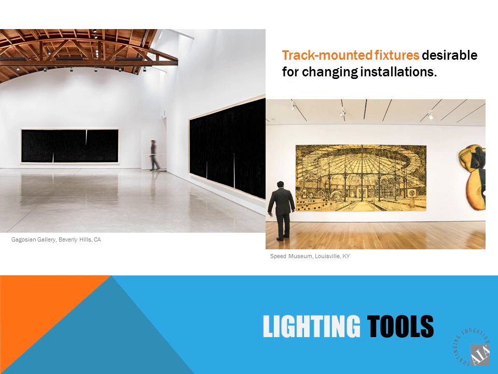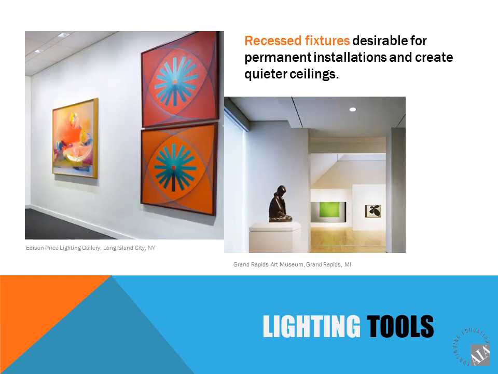Track lighting, here we see the Gagosian Gallery on the left and the Speed Museum in Louisville on the right. Track-mounted lighting fixtures are desirable and most common in museums and galleries for exhibits that change.